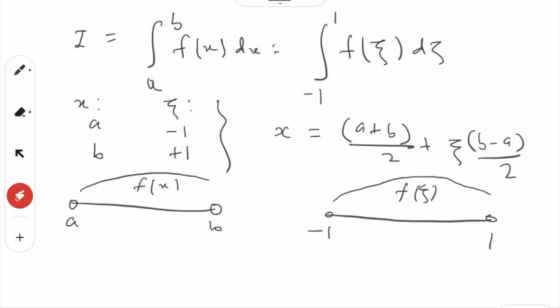So you put xi equal to 0 here, and you have (a plus b) over 2, that's the middle. So 0 corresponds to (a plus b) over 2. Put xi equal to 1, so you have a plus (b minus a) divided by 2, which gives 2b over 2, hence b. So b corresponds to 1. Then xi equal to -1 gives a plus b minus b plus a, so 2a divided by 2, so a, right. So they correspond to each other.